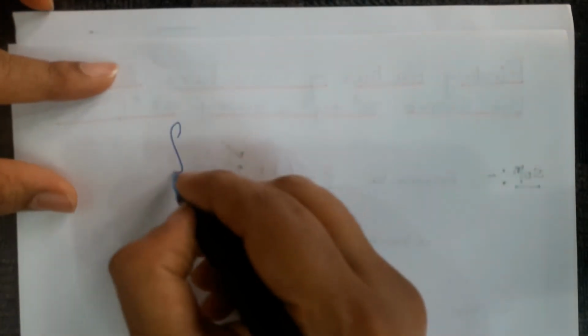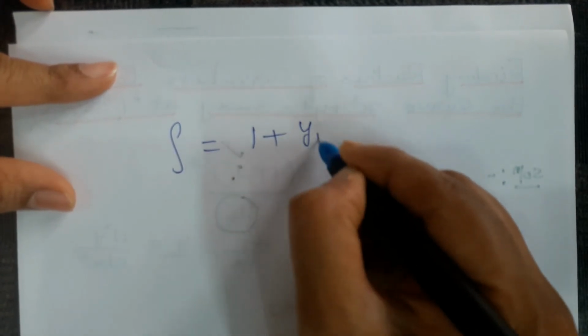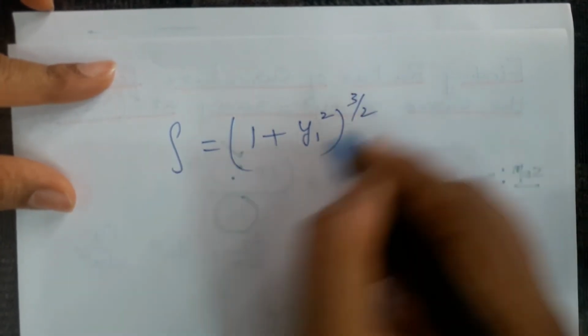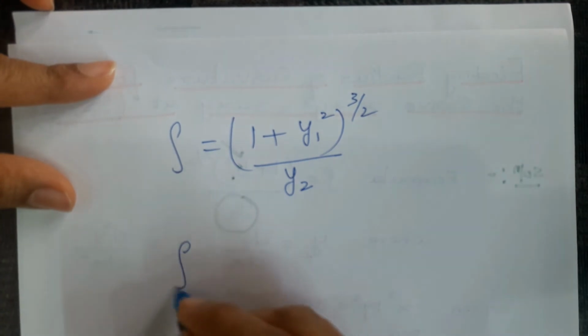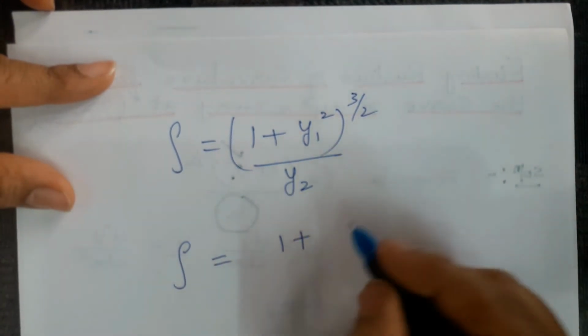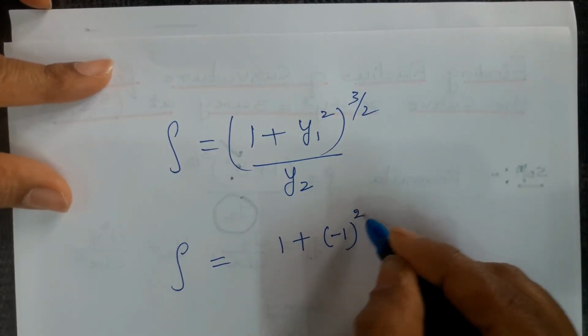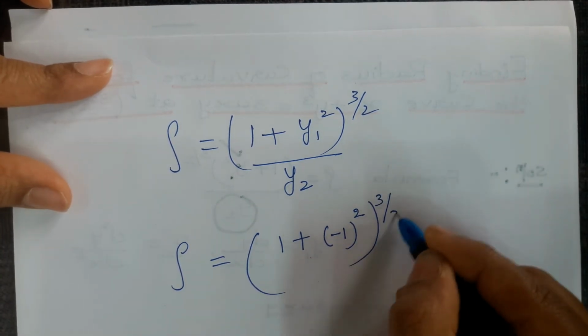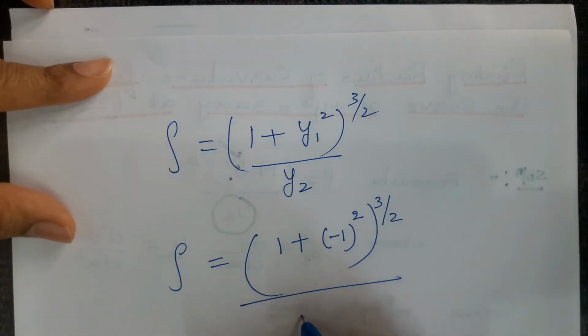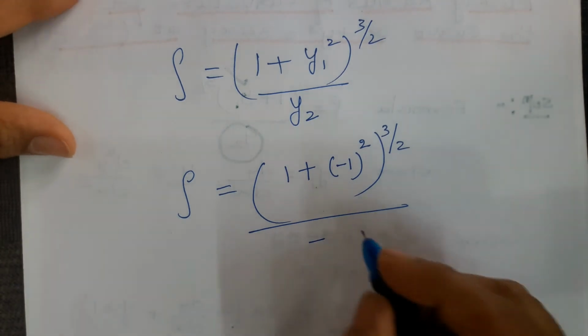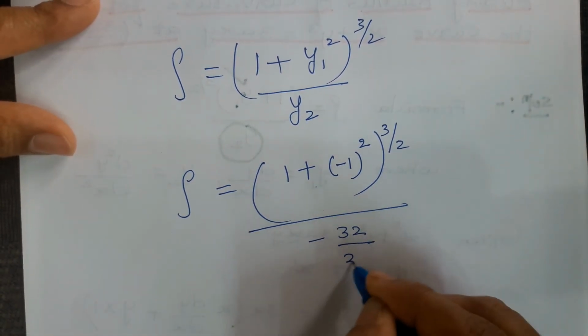Rho is equal to 1 plus, what is y1 we got? Minus 1 whole square to the power of 3 by 2 divided by y2, what is y2 we got? Minus 32 divided by 3a.